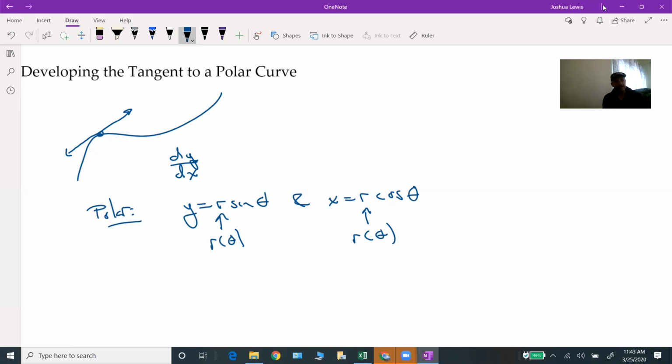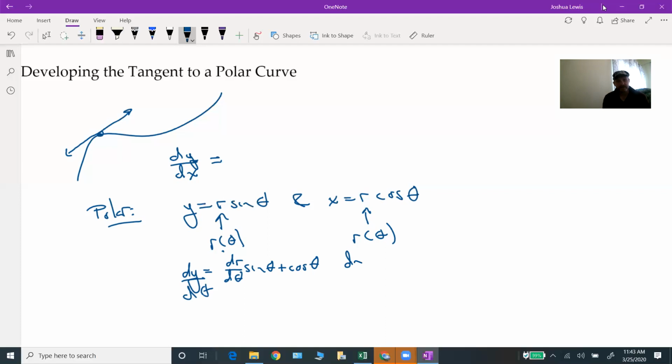So this dy/dx, I could come in here and say, well, let's think about it. dy would be dr/d theta sine theta plus r cosine theta. What did I do there? Well, it's a product rule, right? Because r is a function of theta. Similarly, I'm sorry, this is really dy/d theta.